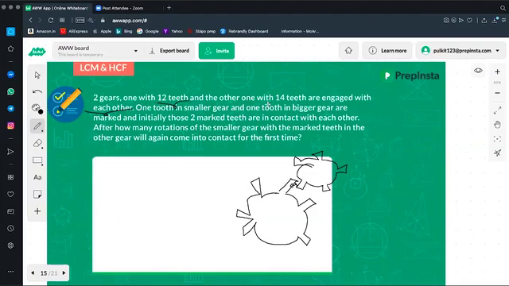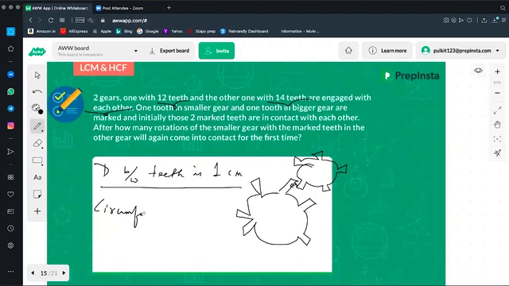One gear has 12 teeth, the other has 14 teeth. Let us say the distance between teeth is 1 centimeter. So what is the circumference of the first gear? Which is smaller?